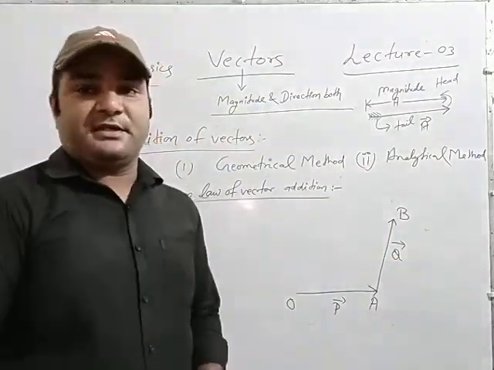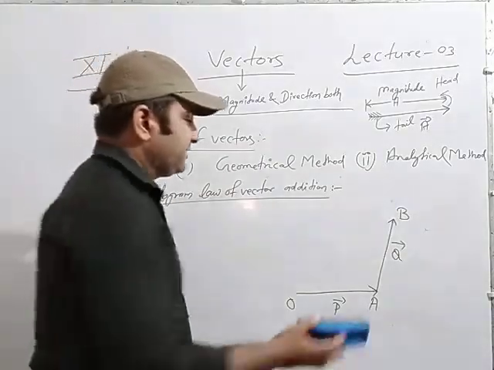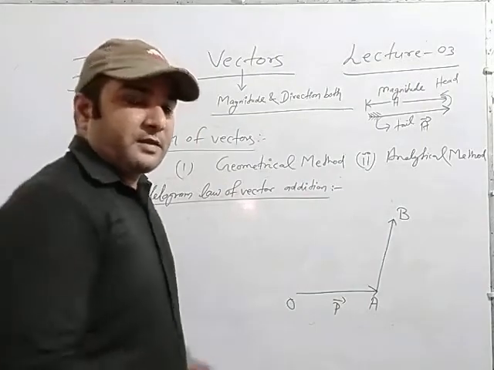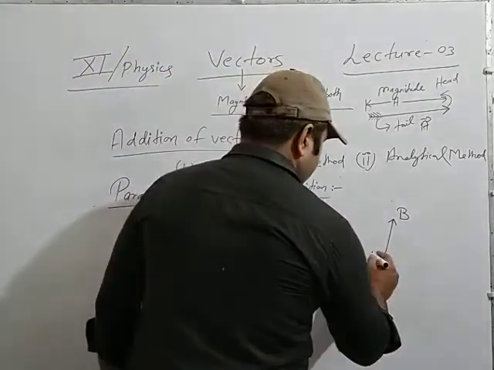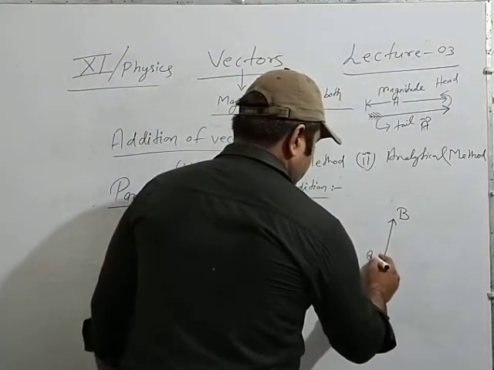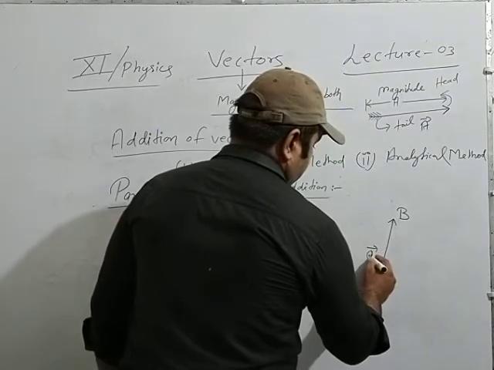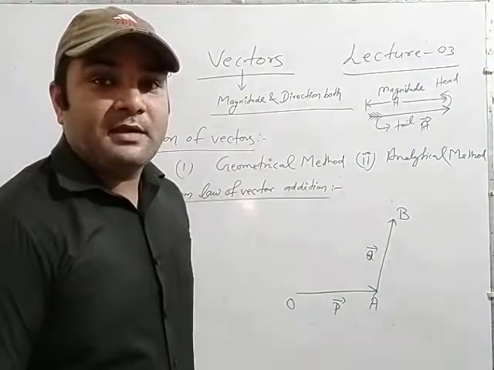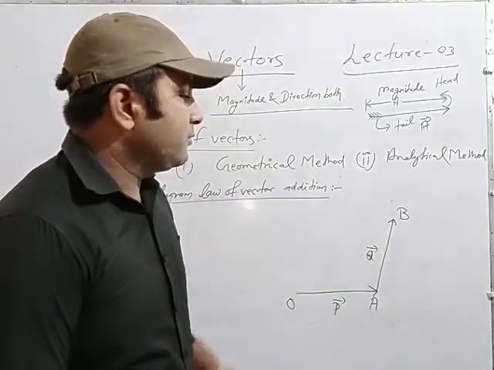Two vectors P and Q are represented by the two adjacent sides of the parallelogram, vector P and vector Q.